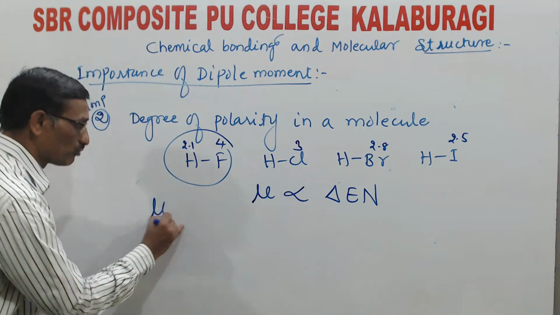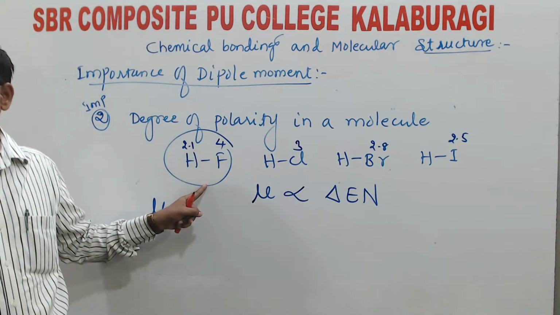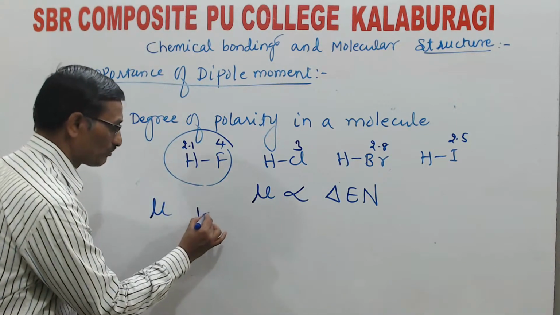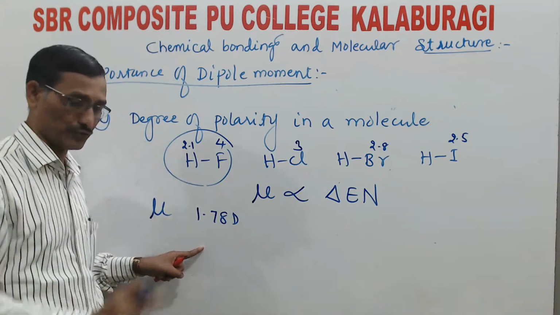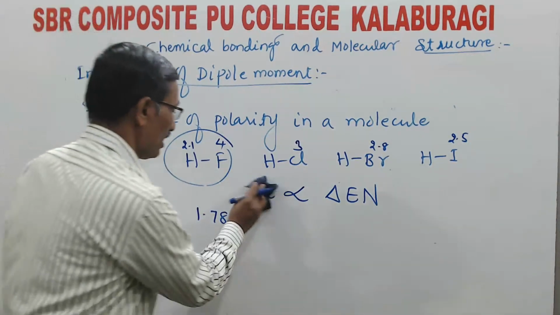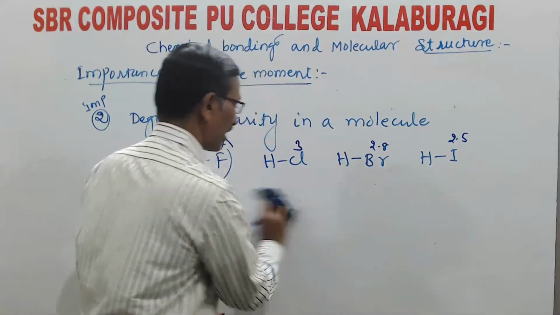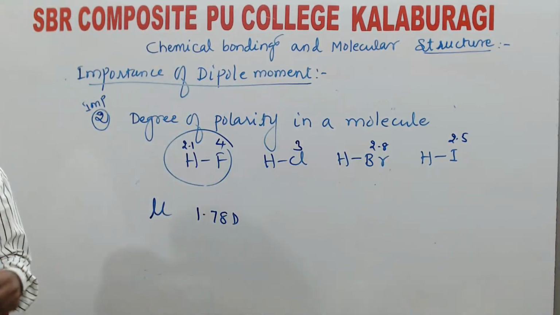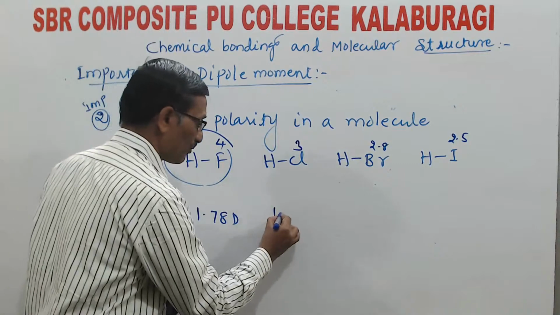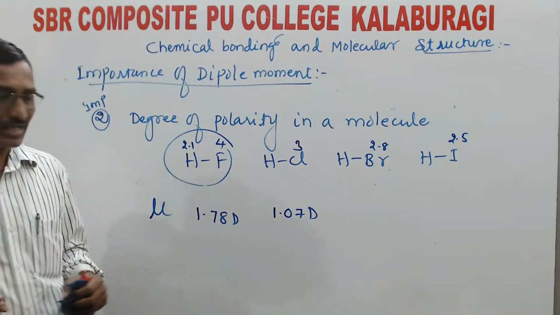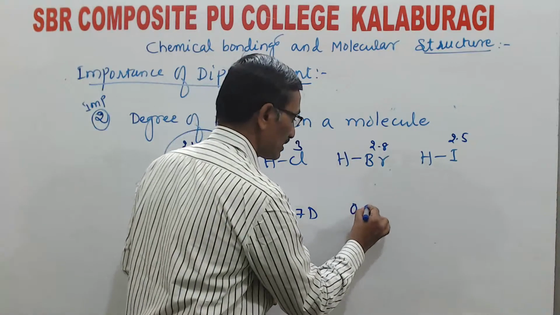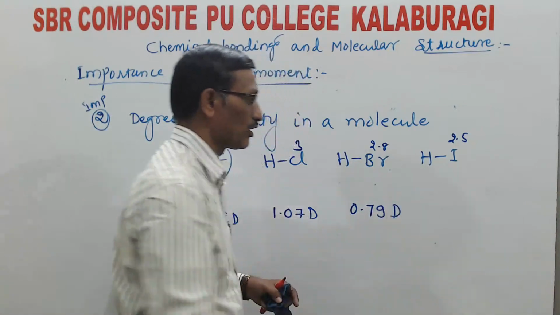Now, what about the dipole moment? For the HF molecule, it is 1.78 D. Again, the conversion factor we have to go through. Next one is HCl. For hydrochloric acid, the measured dipole moment value is 1.07 D. Next, 0.79 D in hydrogen bromide.